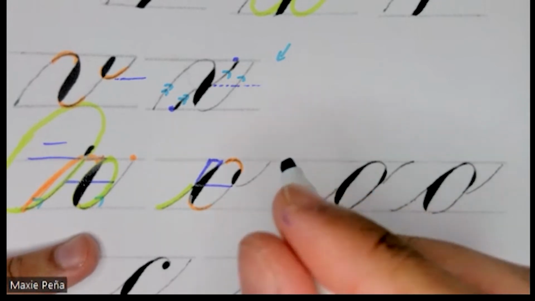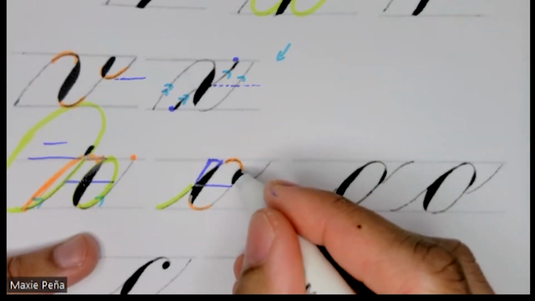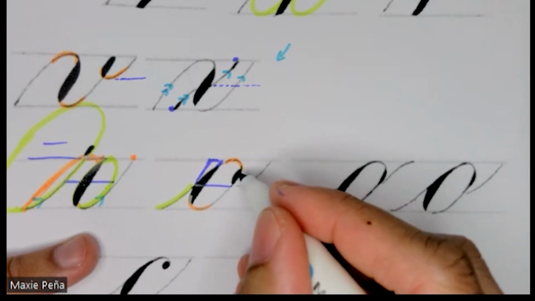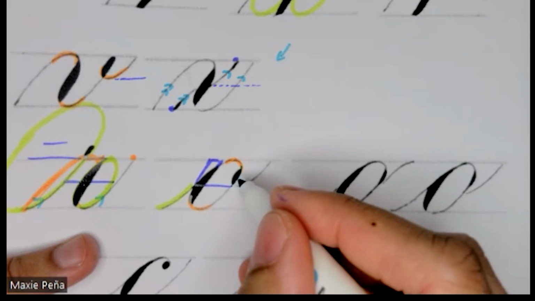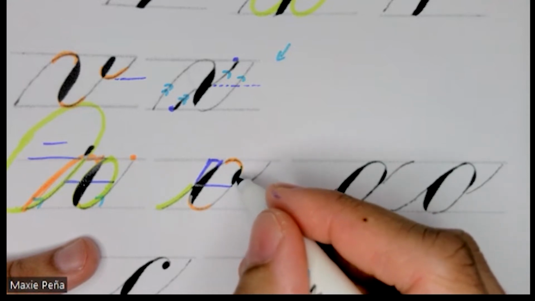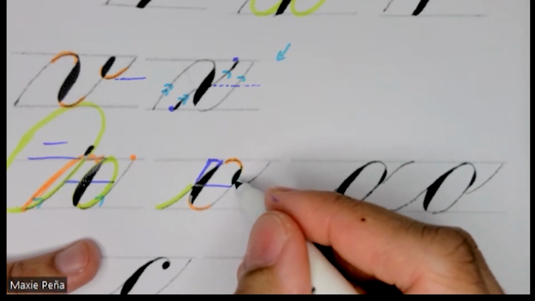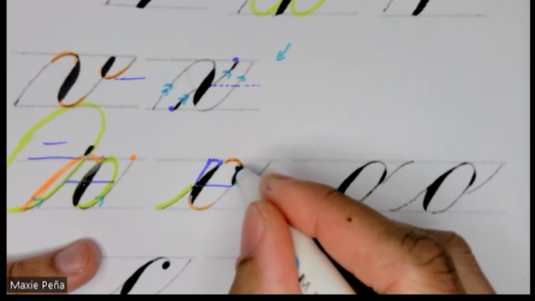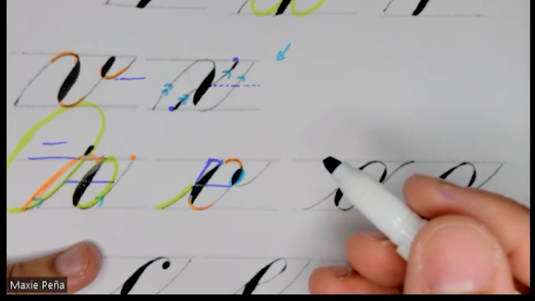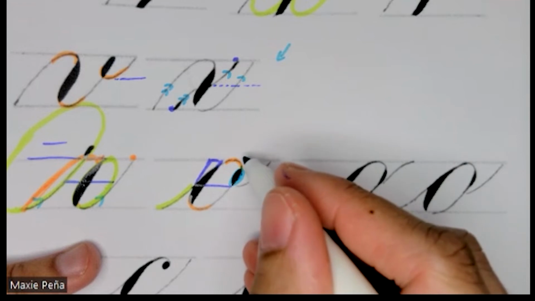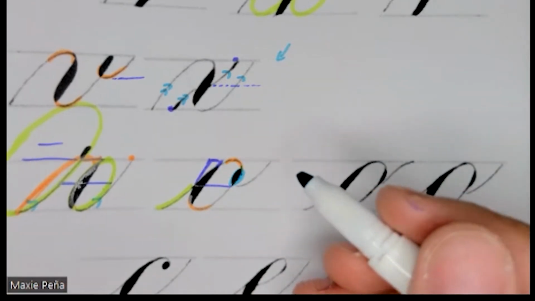The only difference is that because it's sitting to the left of a curved hairline, it doesn't quite look exactly the same, but its characteristics should be the same, meaning the heft should be the same as how you did it for your W. The shape should be the same, like imagining a half oval here, and it's going to sit a little lower too because we didn't start from the header line.